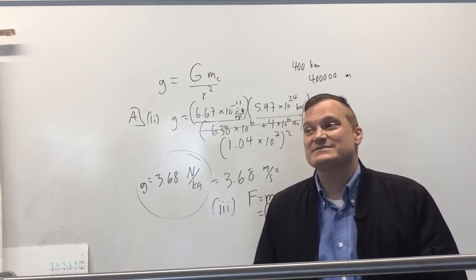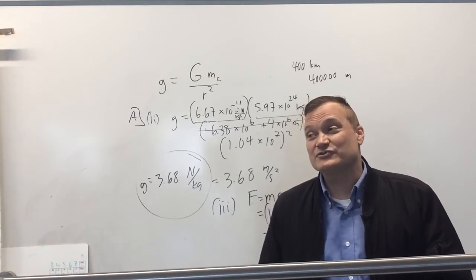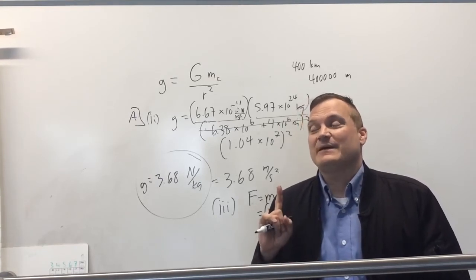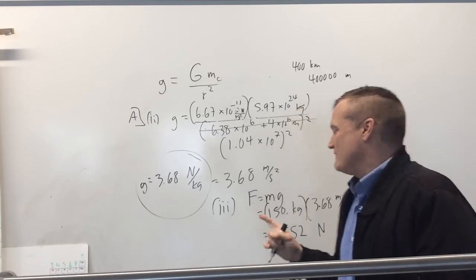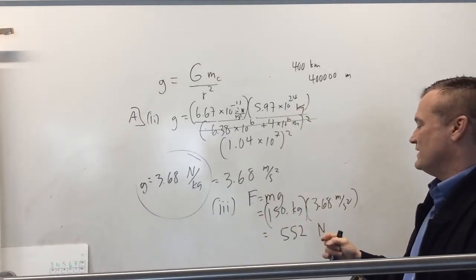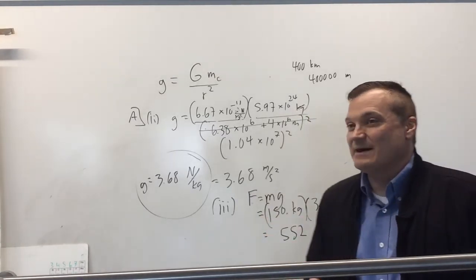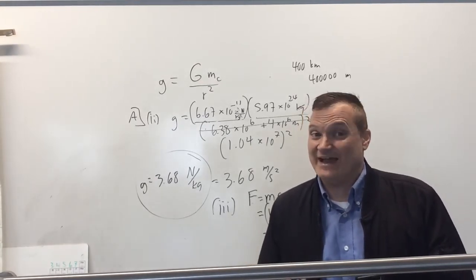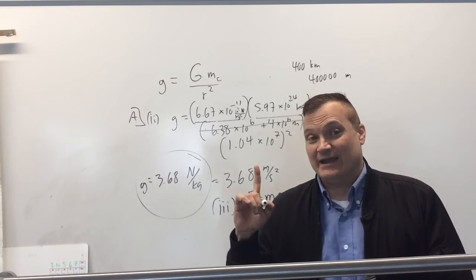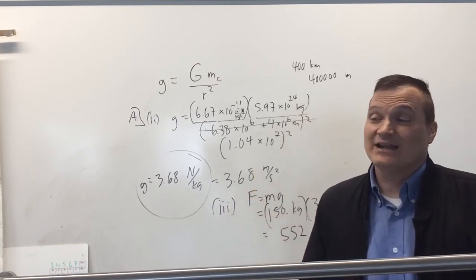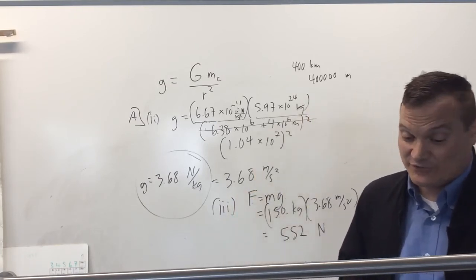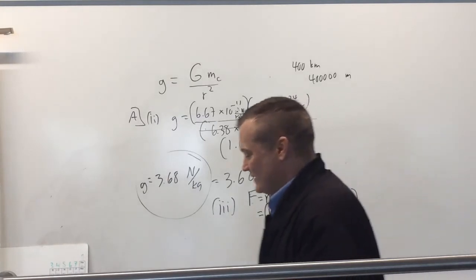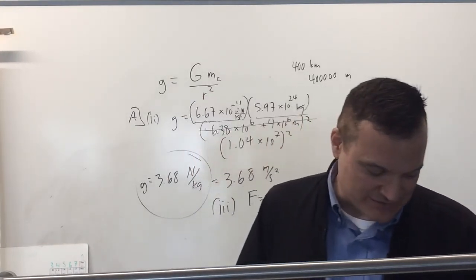A ton is 2,000 pounds. But up at that height above the Earth, where gravity is only 3.68 and not 9.81, it would only weigh about 124 pounds. There are some weightlifters that could lift that satellite up there. But down here, they could not lift it if it was 1,500 on Earth. Couldn't do it on the surface, but they could do it out there. Just kind of a neat little goofy thing. I just threw that in.